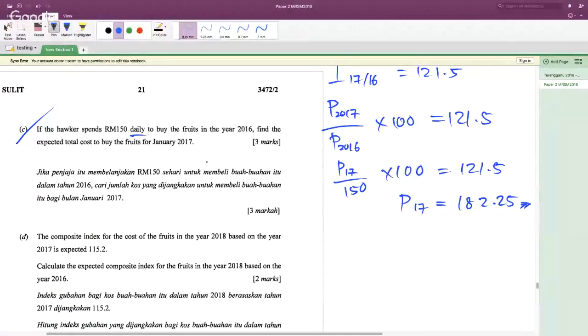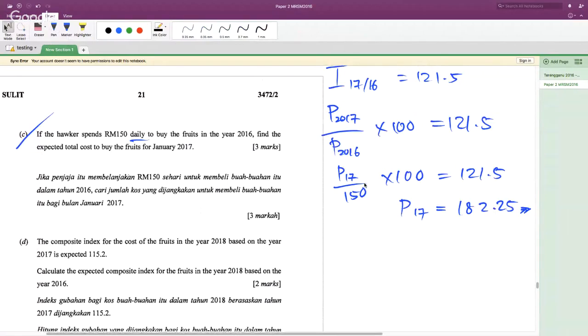150 is spent daily to buy the fruit in 2016. So find the expected total cost in 2016. Okay, let me just use the calculator again. 121.5 divide 100 multiply 150 is 128.25. All right, so this is a composite index.